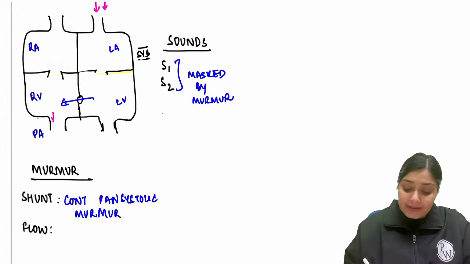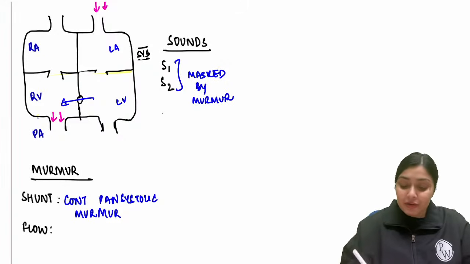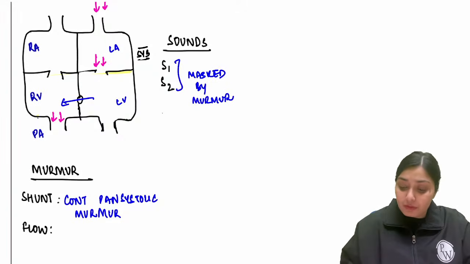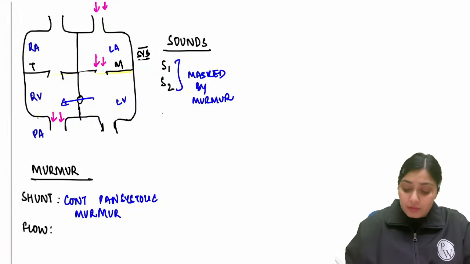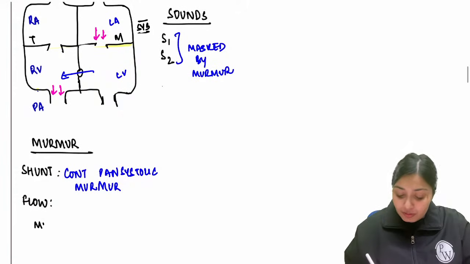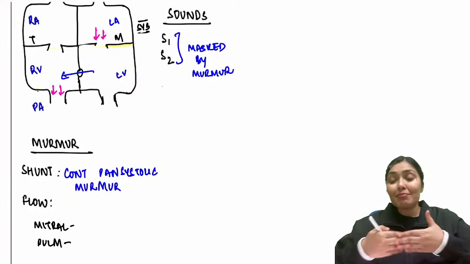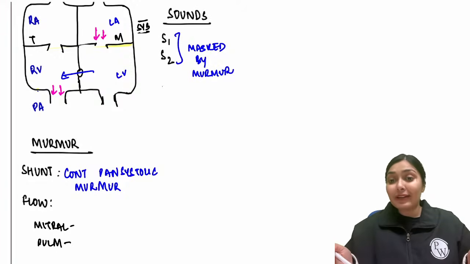I told you excessive flow at the pulmonary artery and the excessive flow at the level of the mitral valve. Right? So at mitral and at pulmonary region, you are going to appreciate the flow murmur. When does the mitral valve open? Mitral valve opens at the time of diastole.